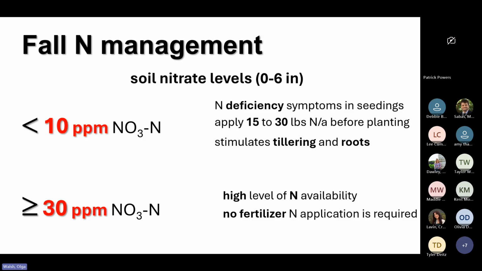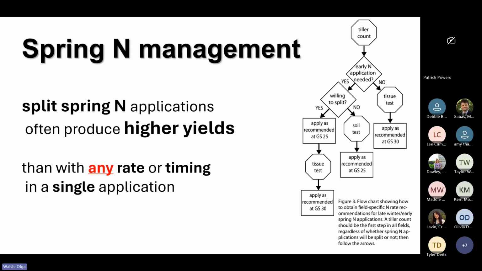So we wouldn't recommend any nitrogen at that time, because that would be enough to initiate plant growth. And then the spring nitrogen management is also very important, because that's when we're really targeting optimizing yield and quality.